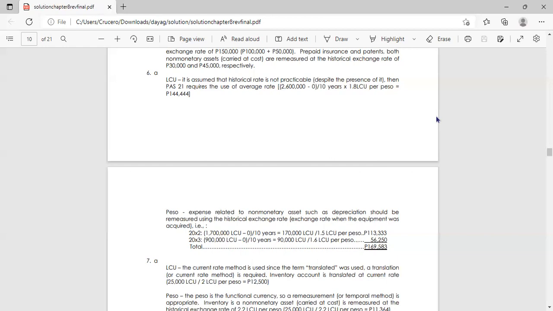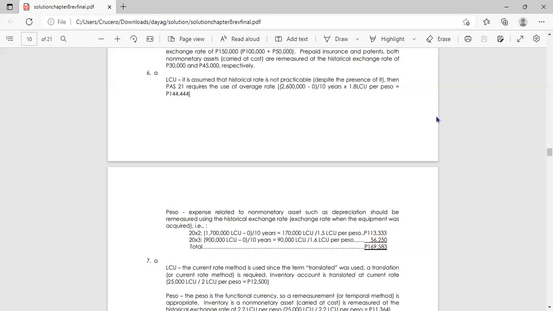So in number 6, for the local currency units, assume that the historical rate is not practicable despite the presence of it. The standard requires the use of the average rate.